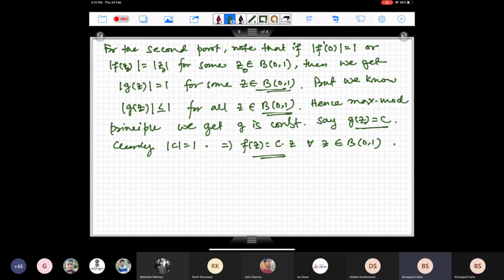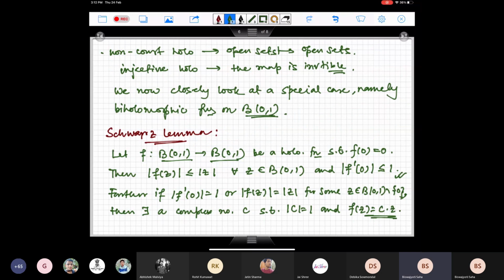Clearly, is it clear? Yes. Okay, so therefore we see that this Schwarz lemma gives you that the moment you have a holomorphic function from B(0,1) to B(0,1) which takes the value 0 at 0, then the absolute value of f of z is less than or equal to mod of z.